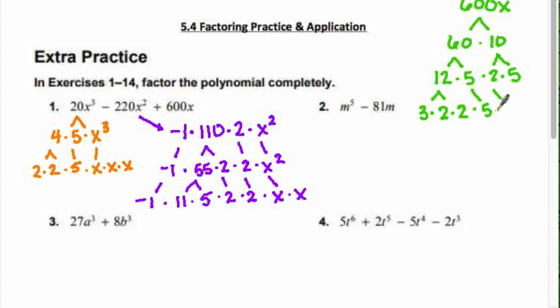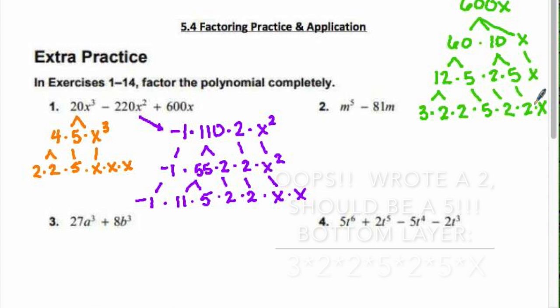Bring down my 5, bring down my 2, bring down my 2, and I definitely did not bring down my x all the way, so I can't forget that little guy. Okay, all of those, again, are prime.